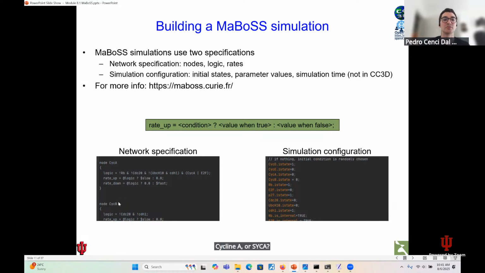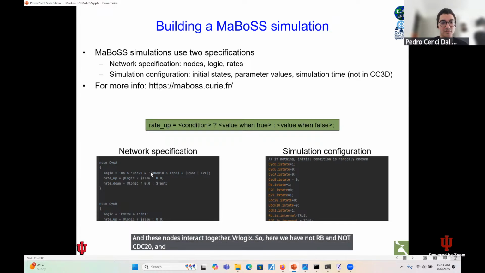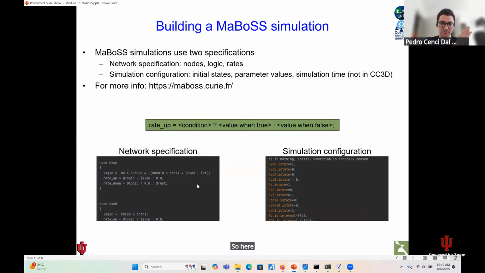We have another node like cyclin B, and these nodes interact together via logic. So here we have not RB and not CDC20 and not open parentheses, something and something else or something else. So here we are using nots, ands, and ors to build the interaction between these nodes.